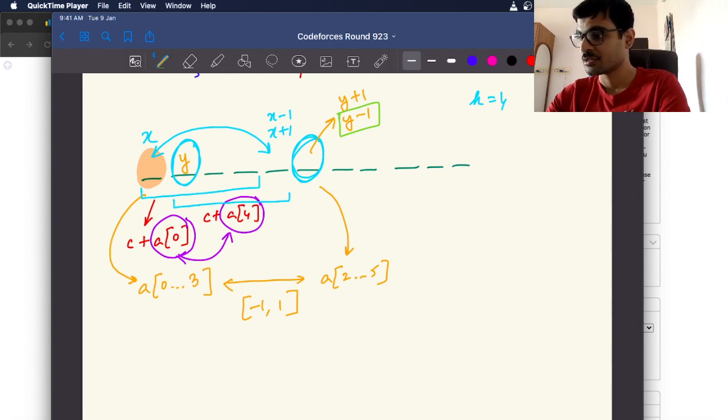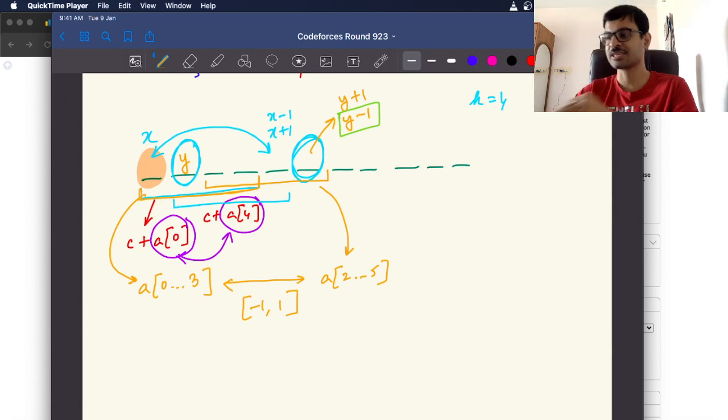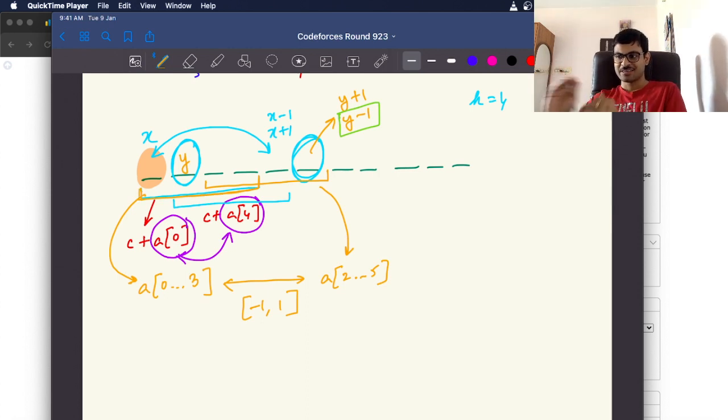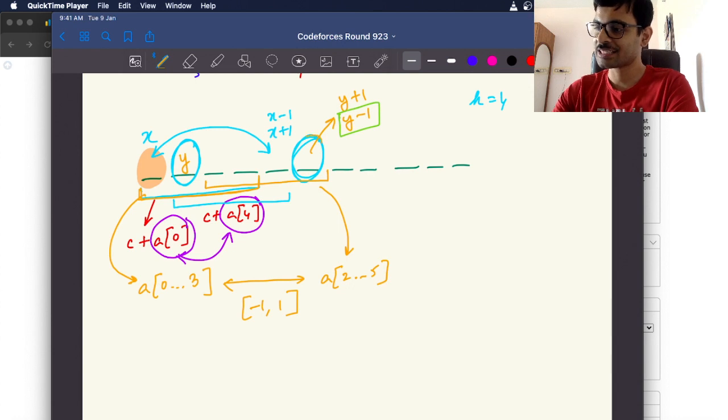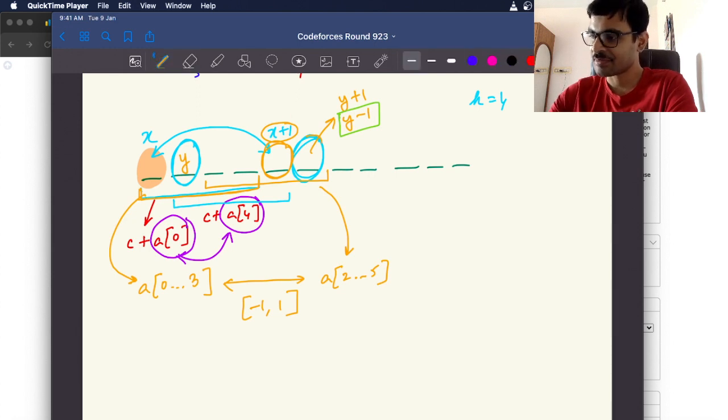Now I know that this one and this one again has to have comparable sum. The difference cannot be greater than 1. So what do I see? One element has become x plus 1, I've considered that without loss of generality. The other element, if this is x plus 1, I can say, hey, this cannot become y plus 1.